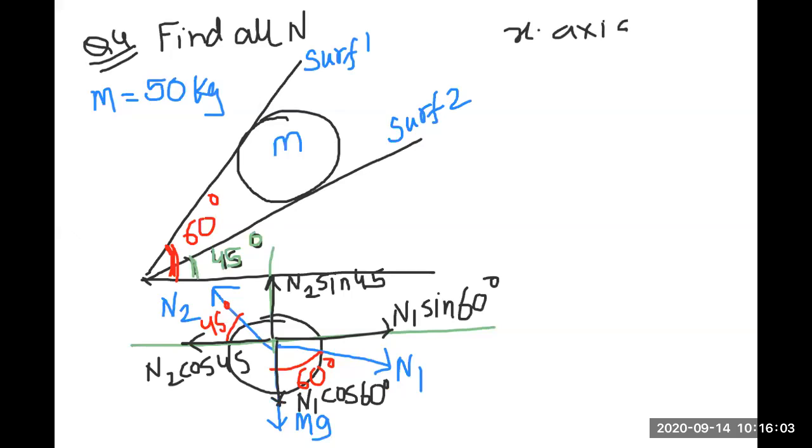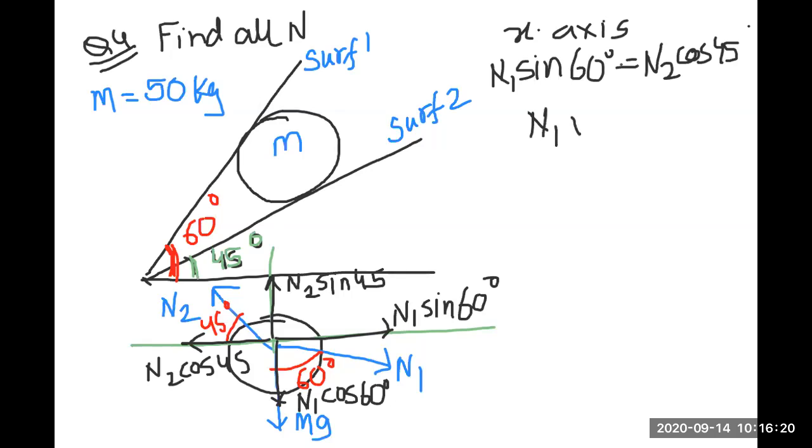X-axis के along forces: n1 sin 60 degrees is equal to n2 cos 45 degrees. So n1 root 3 by 2 is equal to n2 by root 2.